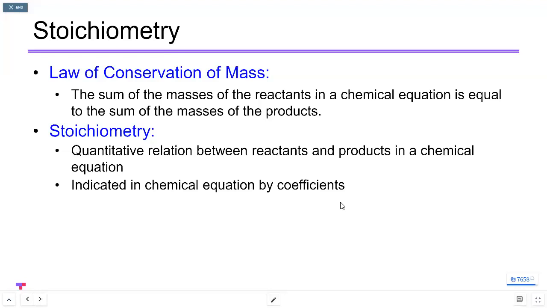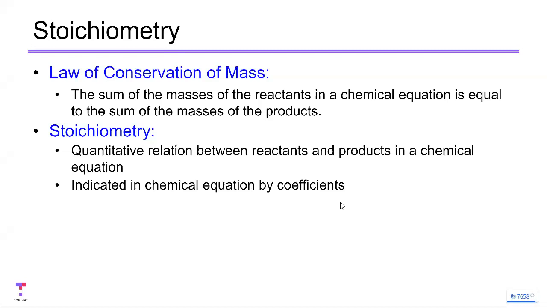All right. So the main meat of this module is stoichiometry. Stoichiometry is based out of the law of conservation of mass. So with balanced chemical equations, we focused on the law of conservation of matter, the idea that matter, atoms, couldn't be created or destroyed. Well, that's a great idea, but we don't usually measure atoms.